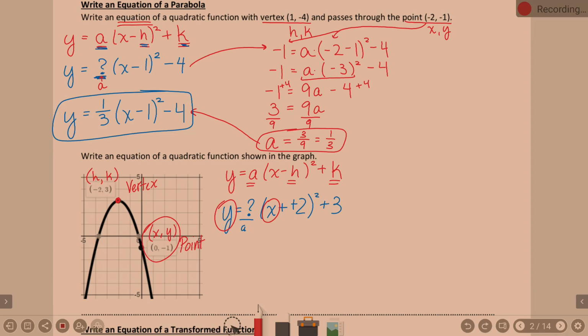Okay, so let's work on this. Y. What are we putting in for y? -1 equals a, I don't know. X. What is x? 0. Minus h, that's minus -2, or in other words, plus 2 quantity squared plus k, plus 3.